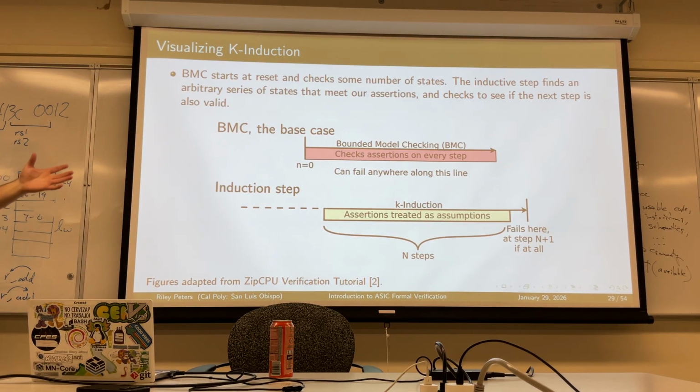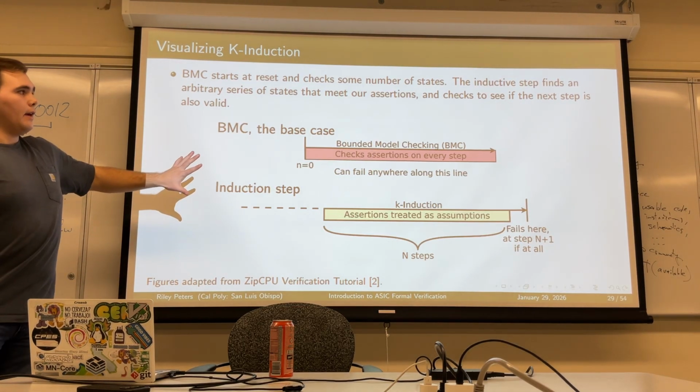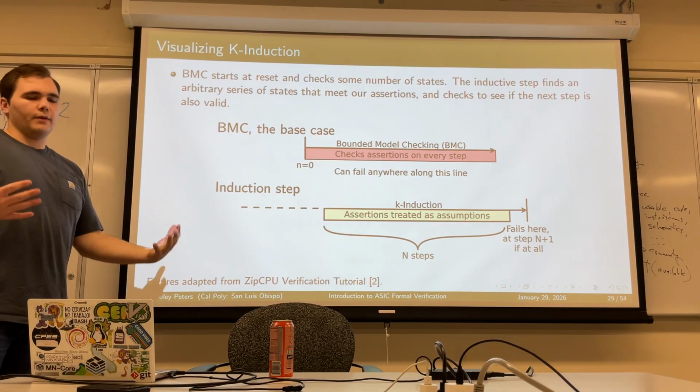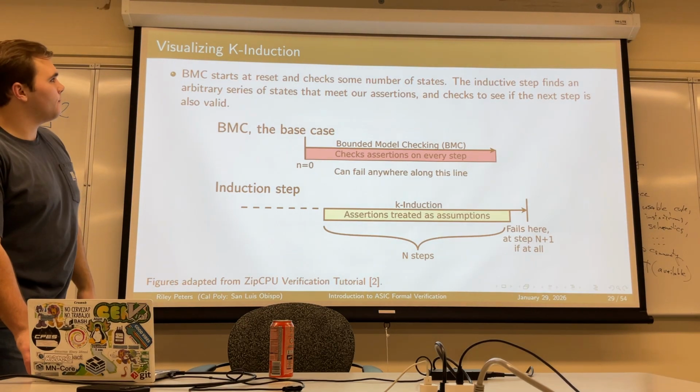Once I've done that, the inductive step picks a random arbitrary sequence of states that my assertions say are valid, and then it tries to go one step further and see whether or not the n+1 state is valid. If both of those things pass, then you've proven your system works forever, essentially. You've done an unbounded proof, and you can be certain that at least your RTL is correct, as long as your assertions are good enough.